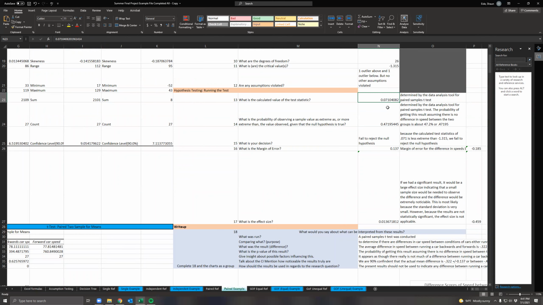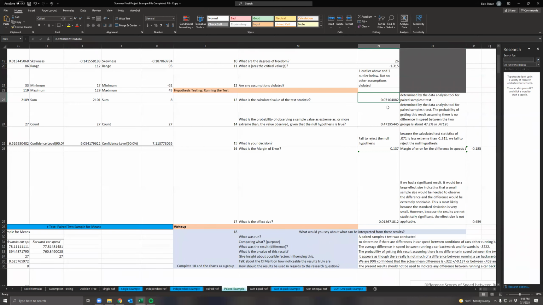Next, what is the probability? The difference score is 0.07104 standard deviations above 0. Next, what is the probability of observing a sample value as extreme as or more extreme than the value observed, given the null hypothesis is true?